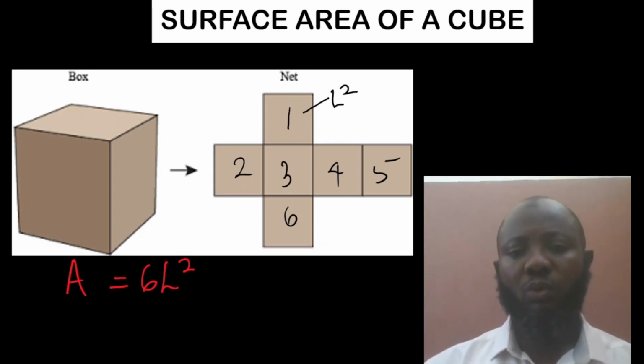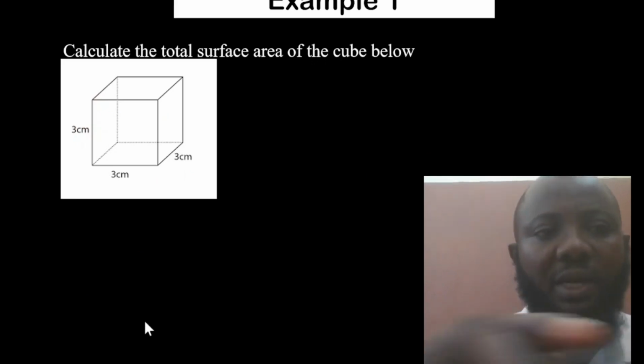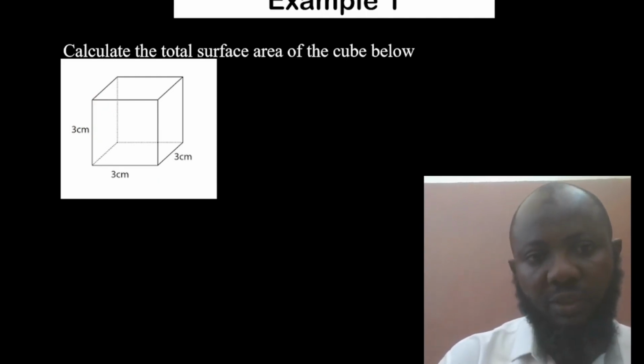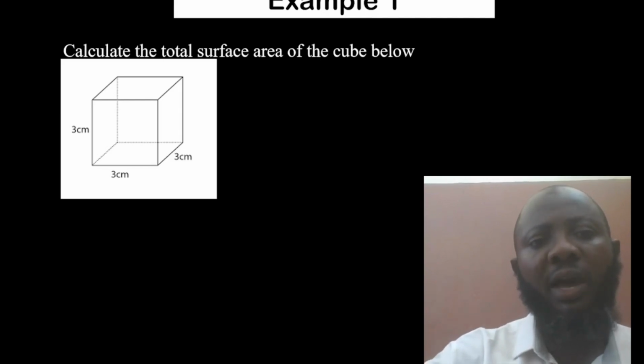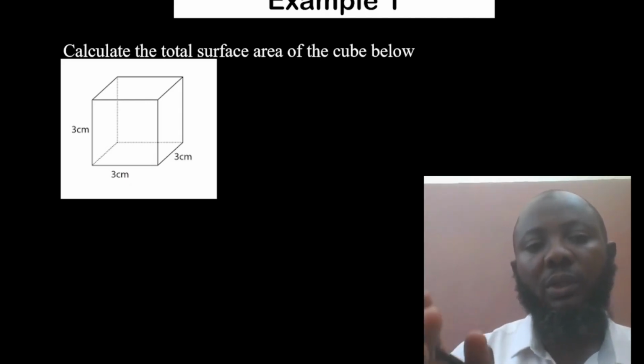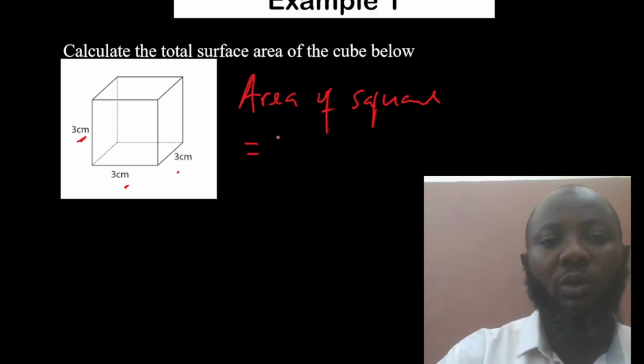Then let's move to the next one and look at an example of how to find it. In this example, each side of the cube is the same, so we have 3 here, 3 here, and 3 here. The area of a square is length squared, which is 3 squared.